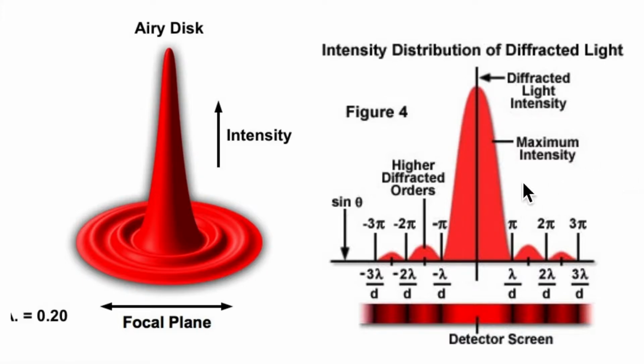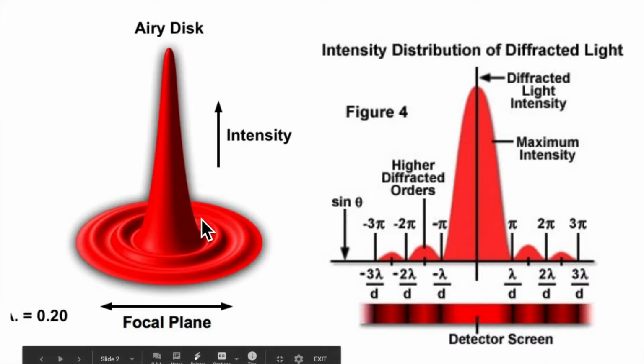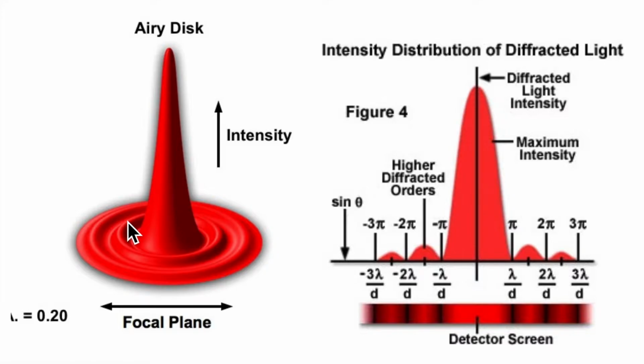And so the way that this looks, the actual diffraction of a point, is going to show up as what you can see here in the image. This is our diffraction from a point source. This is what it's actually going to look like.